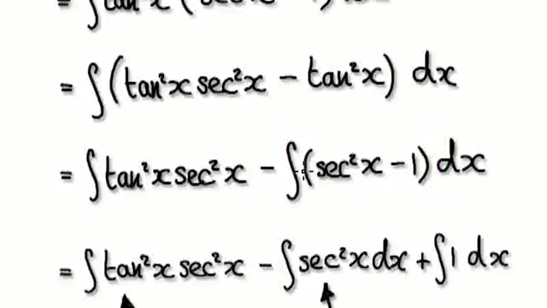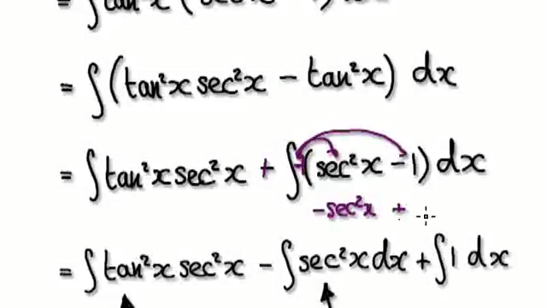Well, this minus here, you can push it into here, because there's a minus 1 here in a way. So now this is a plus. So now the minus 1 times that, so you have minus sec squared of x, and then the minus 1 on this will give you plus 1, but then you can take the integral now.